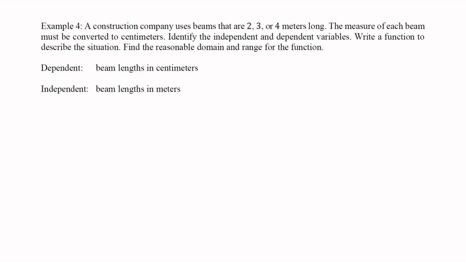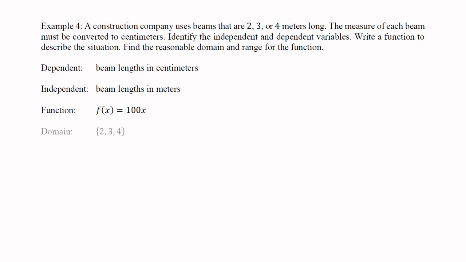So to find the length of a beam in centimeters, if we know what they are in meters, we know that 1 meter is 100 centimeters. So we multiply that 1 meter by 100 centimeters. That's our conversion factor. So our function is going to be our length in centimeters is equal to 100 times our length in meters.